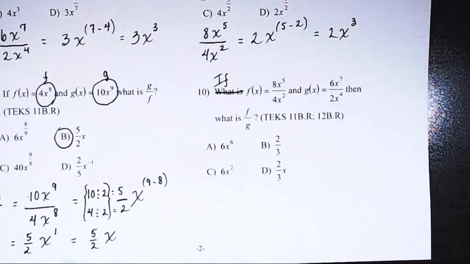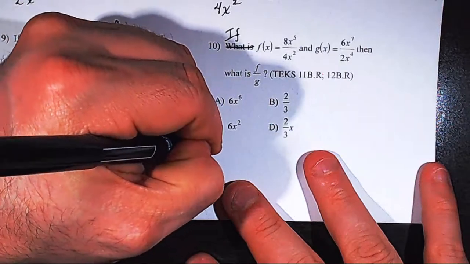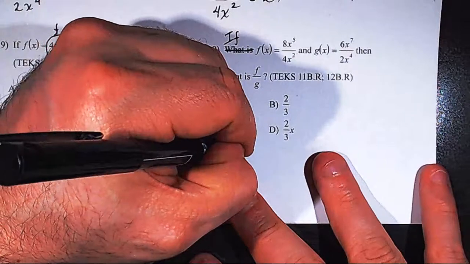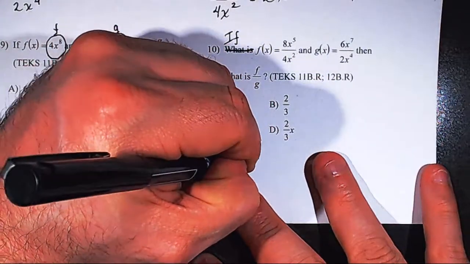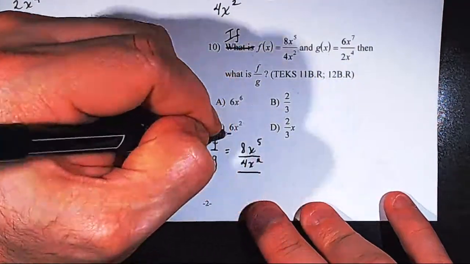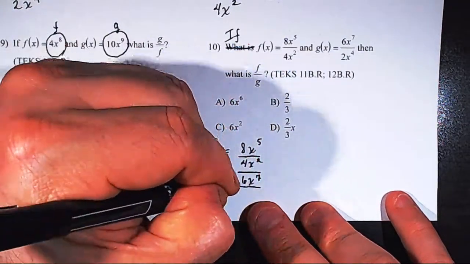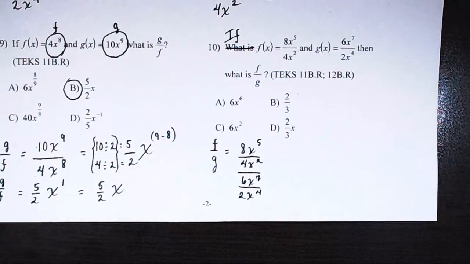So this actually requires reciprocal multiplication because we're dividing a fraction by another fraction. I'm going to stack this up and show you what we're doing here. So f divided by g really equals 8x to the 5th power divided by 4x to the 2nd power, divided by 6x to the 7th power divided by 2x to the 4th power. This looks like a mess, right?